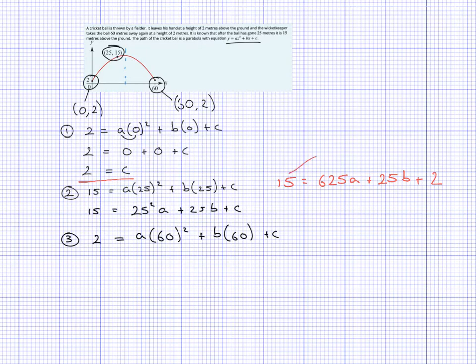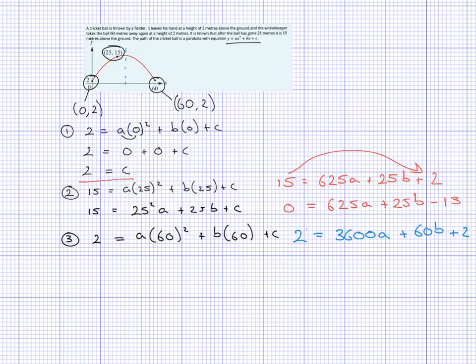I'm going to move this 15 across, so I have the null factor law. So 0 equals 625a plus 25b minus 13. And then I'll do equation 3 as well. 60 squared is 3,600. So 2 equals 3,600a plus 60b plus 2.